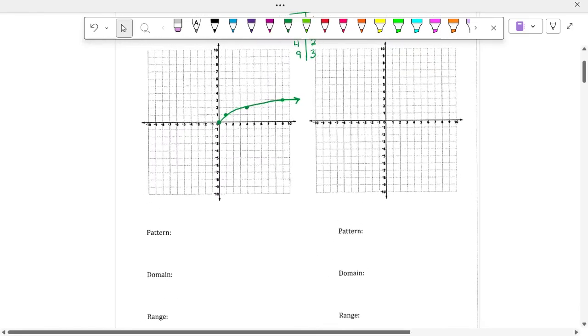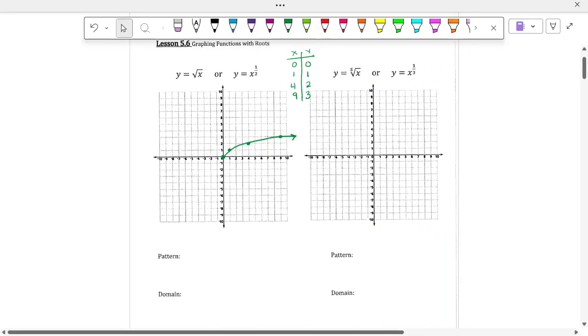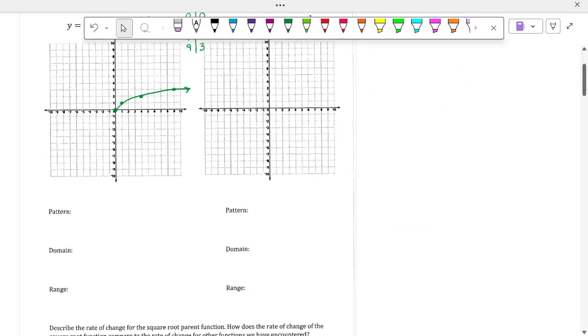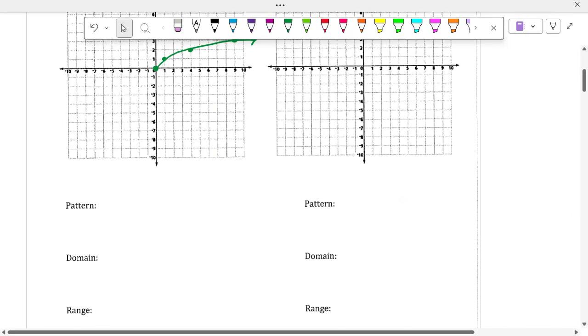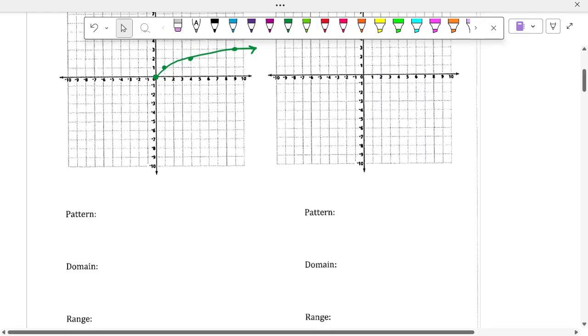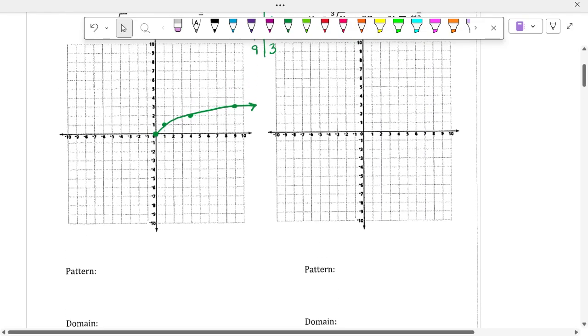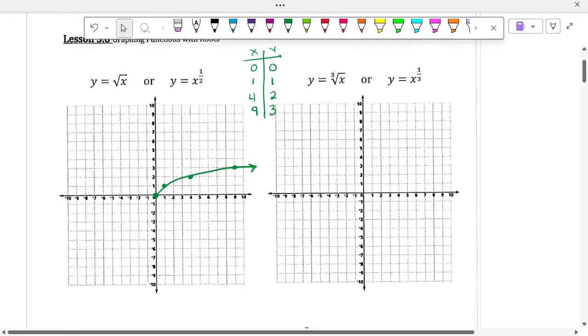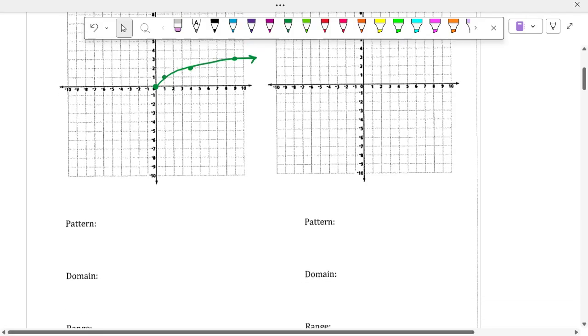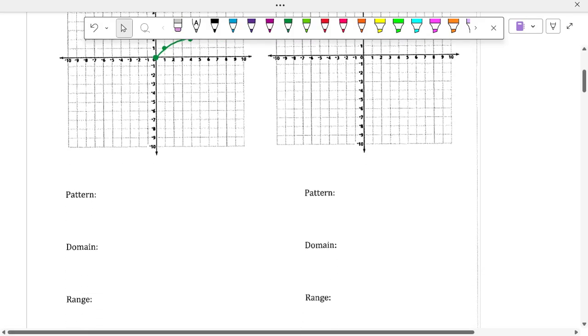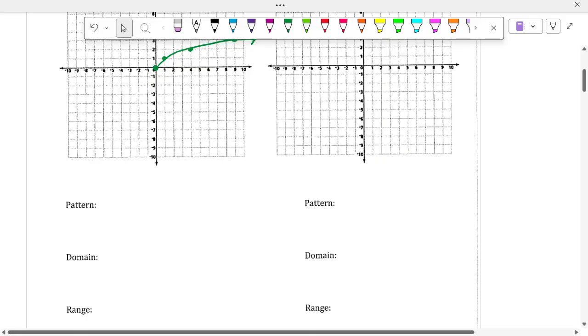So pattern-wise, it's kind of the opposite of the quadratic pattern. Do you guys really care about the pattern, or would you rather just do tables and keep it safe? It's up to you.